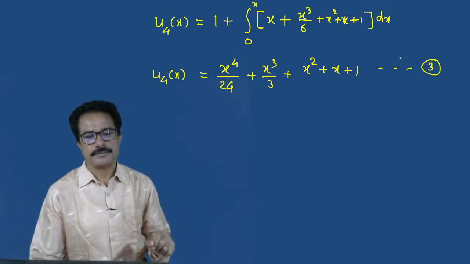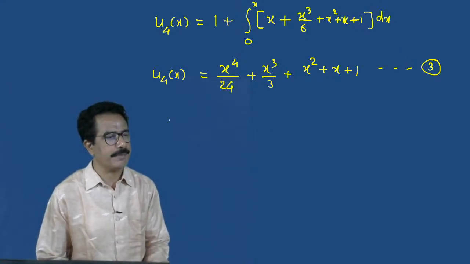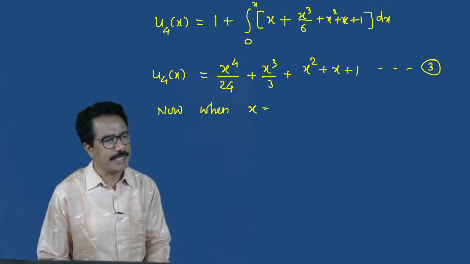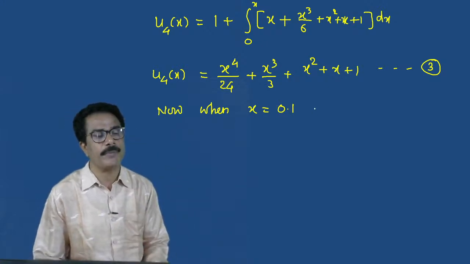But we can calculate the value of u4 of x. Now when x is equals to 0.1, we can put the value of x is equals to 0.1.